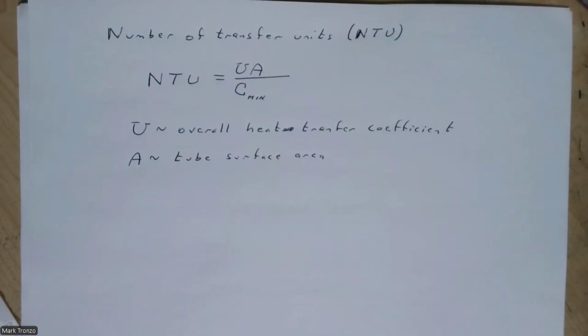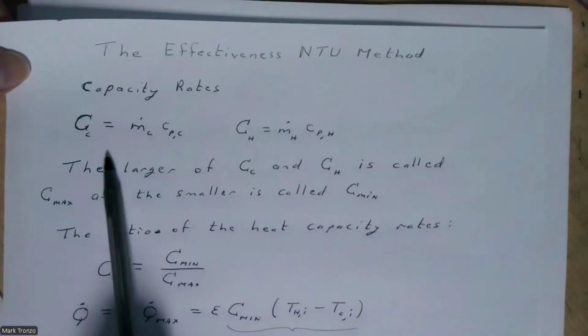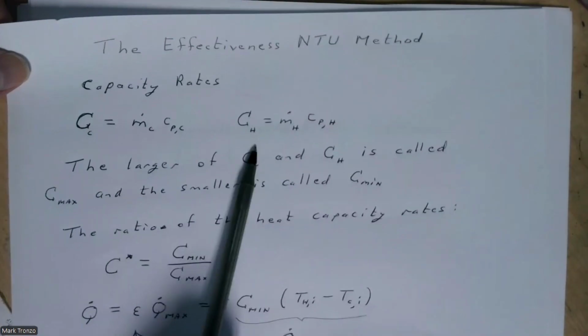And C min, again, is going to be the smaller of these capacity rates.